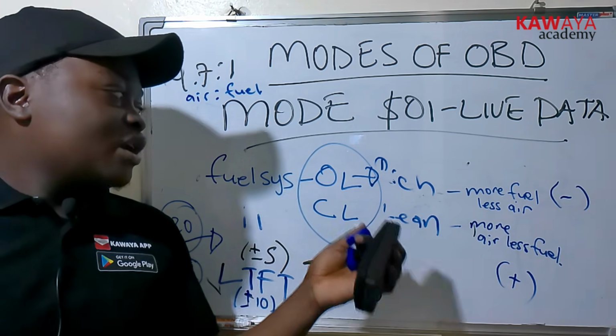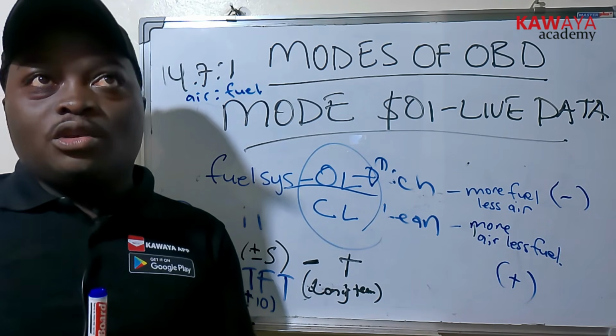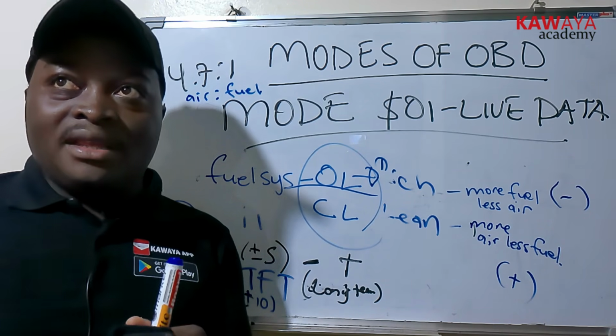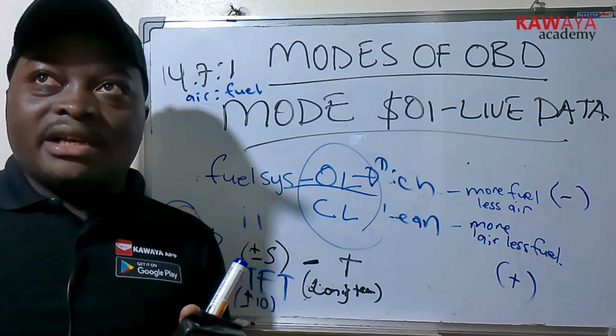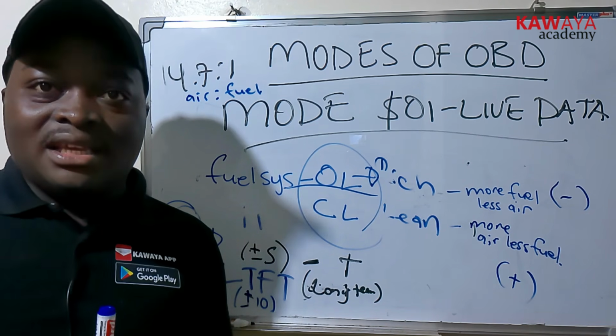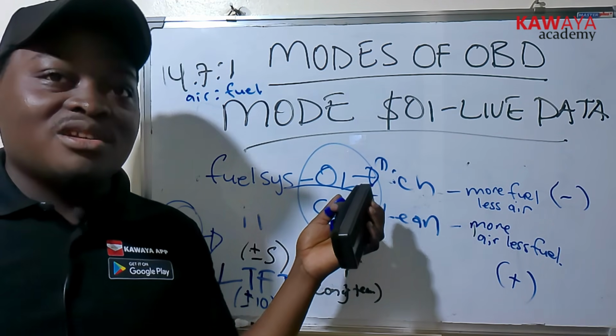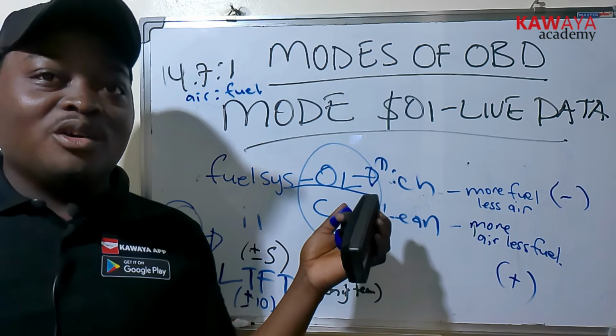So open loop usually occurs when you just have a cold start. Now at cold start, you don't have the right temperature to operate. For example, the oxygen sensors need to operate at high temperatures so that they can start giving feedback. But at low temperatures, at cold start, your system is going to be in open loop.